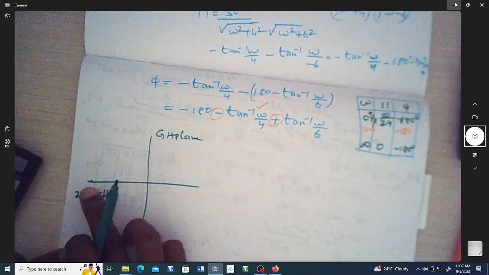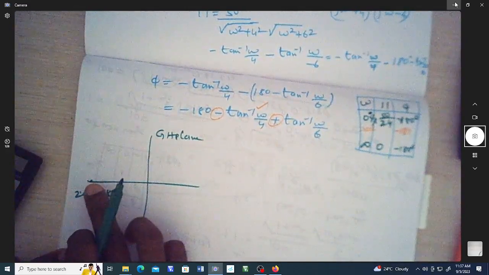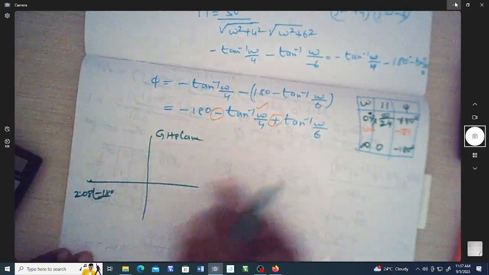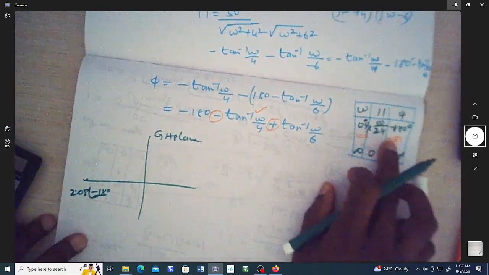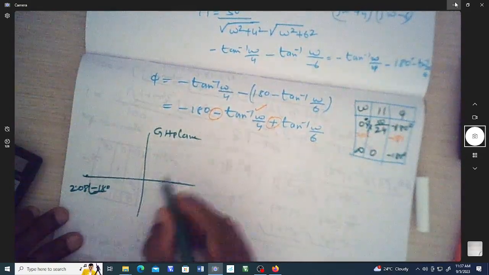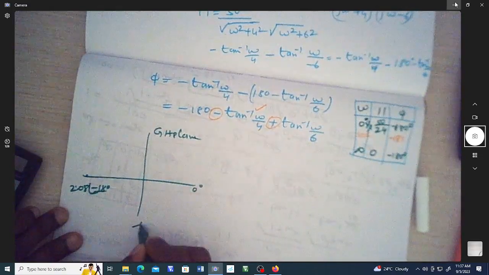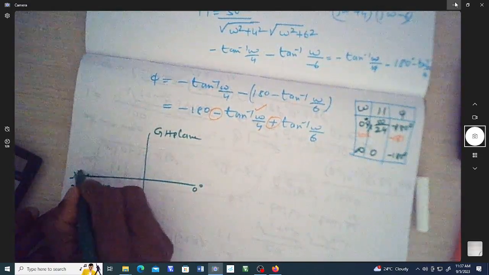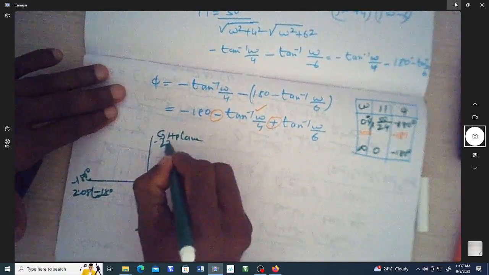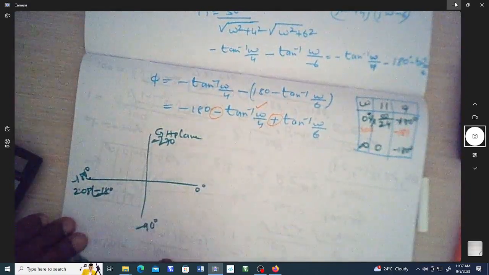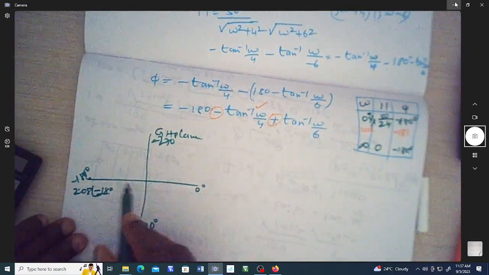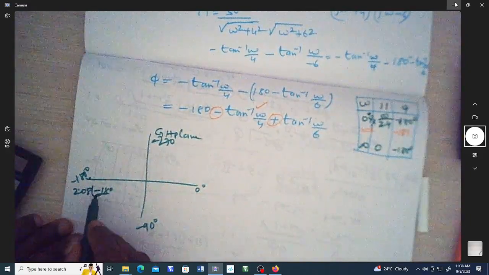Now you can see this is the value, and you can see the angle is going minus 180. So this is 0 degree, this is minus 90 degree, this is minus 180 degree, this is minus 270 degree. So this is actually 2.08 at minus 180.